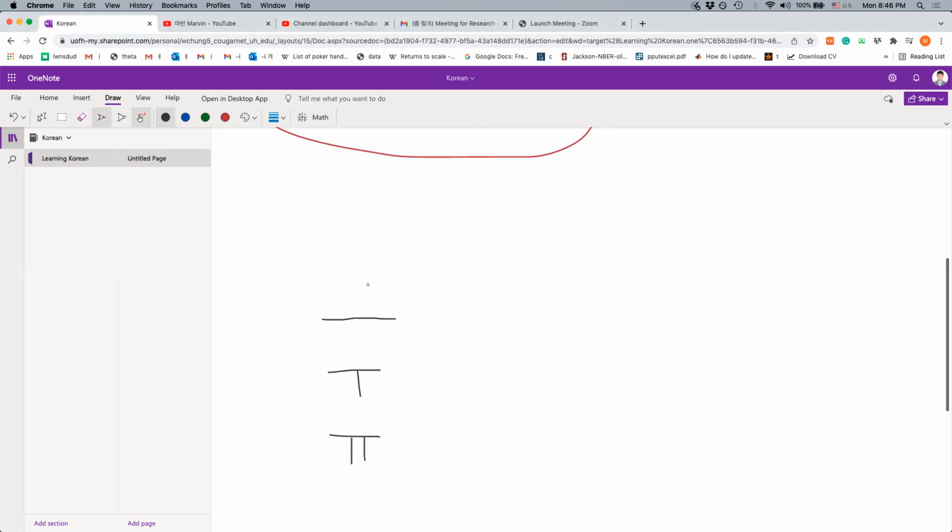And from ㅡ, if you put a dot on the top, then it will be ㅗ. And what will be next? I think you can imagine from these pictures, if you add another dot on the ㅗ, then that will be ㅛ.